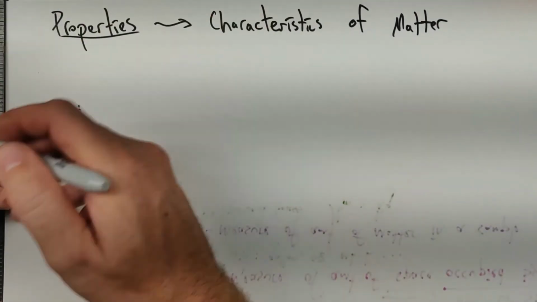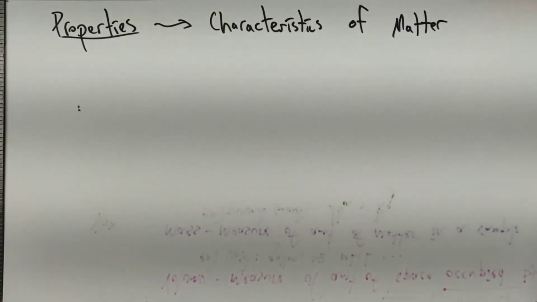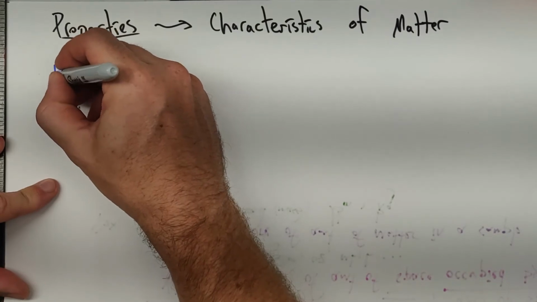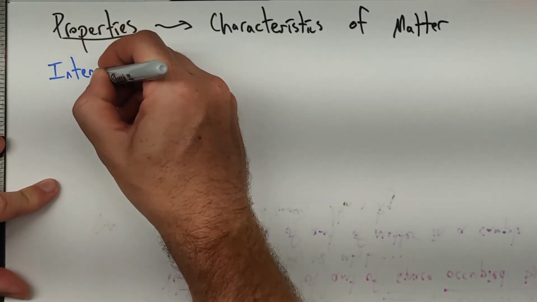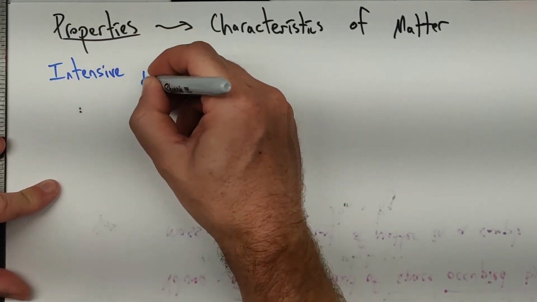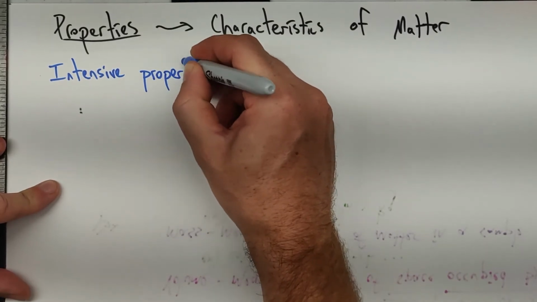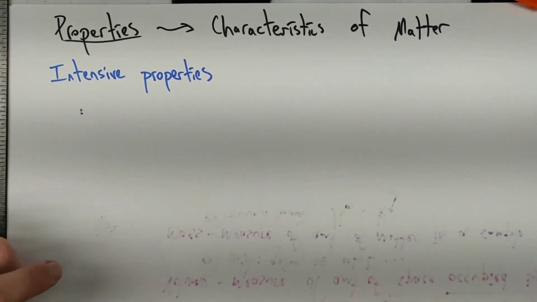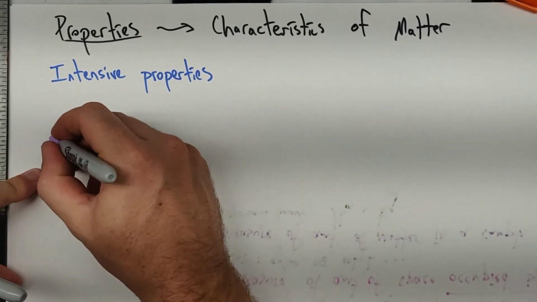And this brings up an interesting pair of terms that aren't as intuitive as you think once you see them, the first of which is intensive properties. And then I'm going to write the other one already, and that is extensive properties.